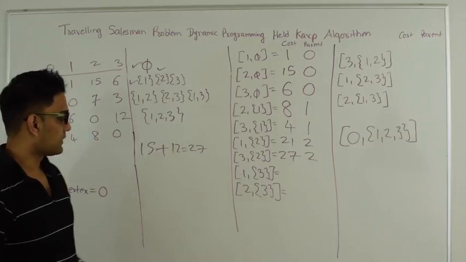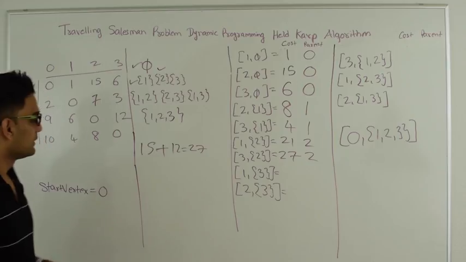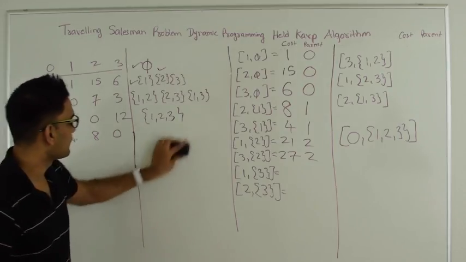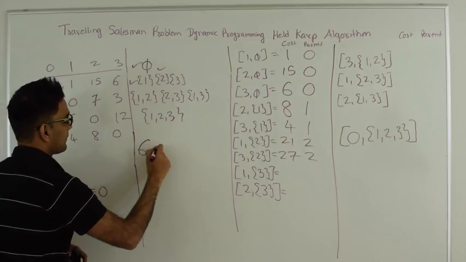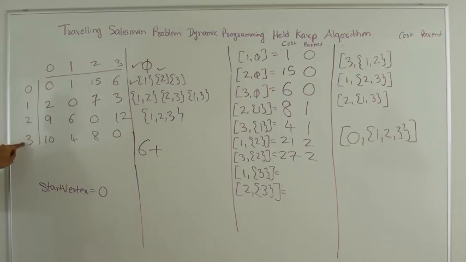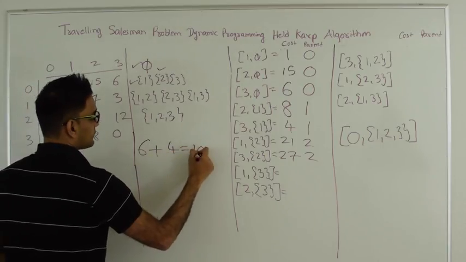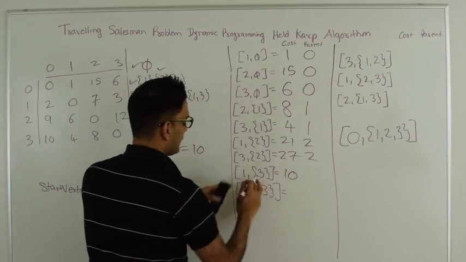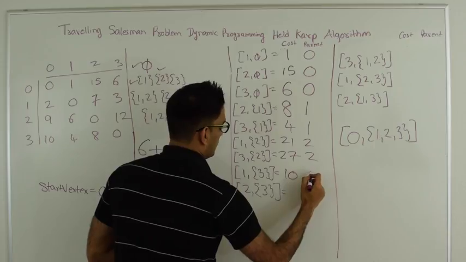So what is the minimum to reach 1 from 0 via 3? So we already know what it takes to reach 3 from 0, which is 3 empty set, which is 6, plus whatever it takes to reach 1 from 3, so that is 3, 1, so that's 4. So this value is 10, and we are indicating that we are reaching 1 from 3.